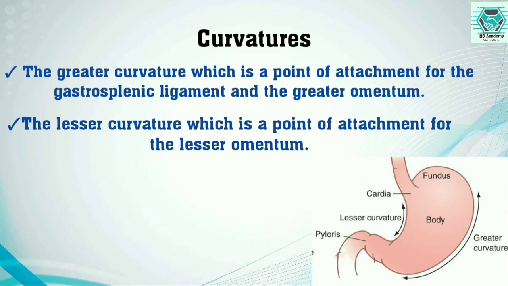The other features include the greater curvature, which is a point of attachment for the gastrosplenic ligament and the greater omentum. Next, the lesser curvature, which is a point of attachment for the lesser omentum.